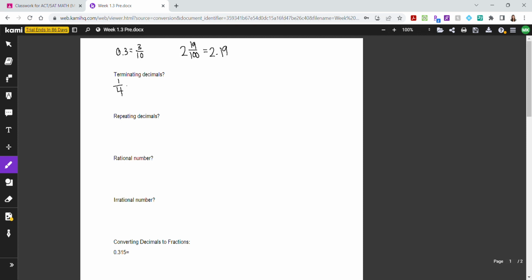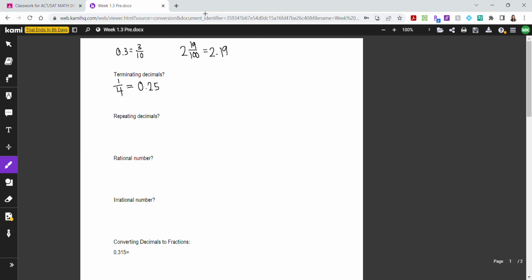That would be equivalent to 0.25. And notice how with 0.25, there's nothing after it, which means that it is terminated. That is the end of how you would write the decimal. There is nothing going on past the 5.